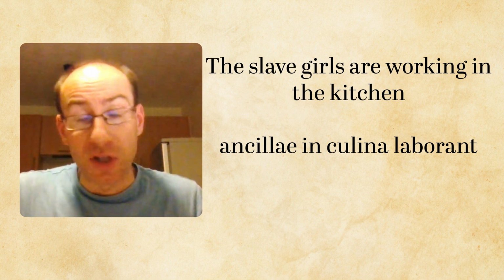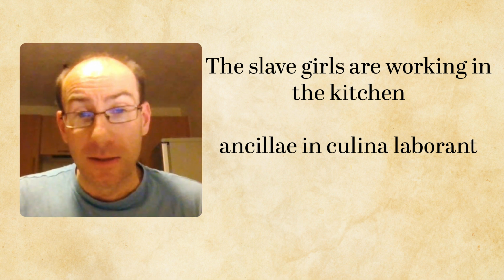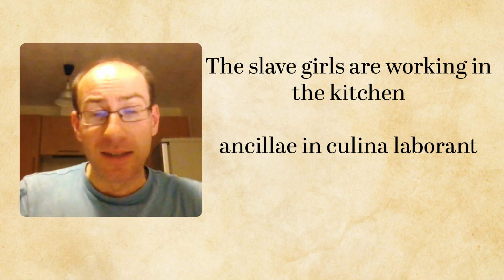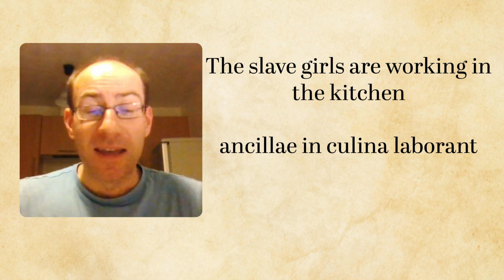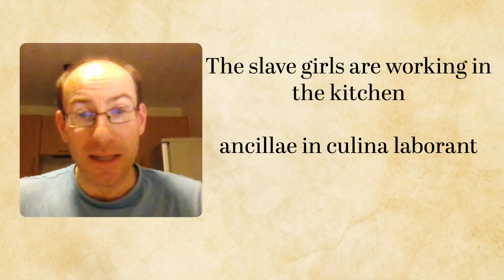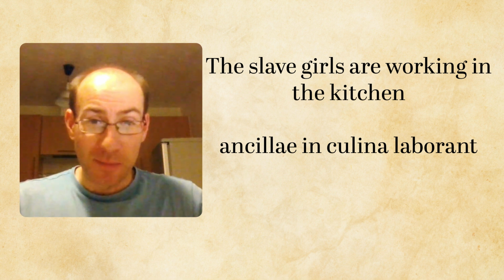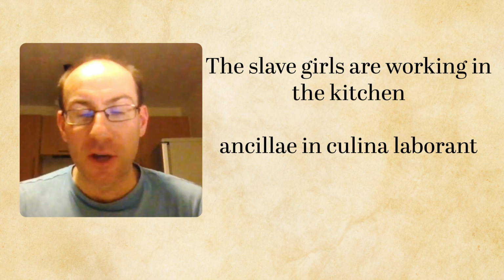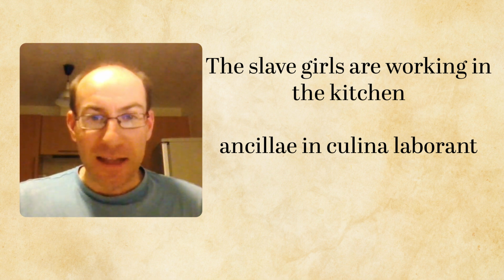Because that's all the information that's said about the subject. Alright, so subject, the slave girls, ancillai. Predicate, are working in the kitchen. In culina laborant. Okay, so subject, and then what's said about it is the predicate. So just useful to know those basic terms in case they crop up. I think that's fairly straightforward.